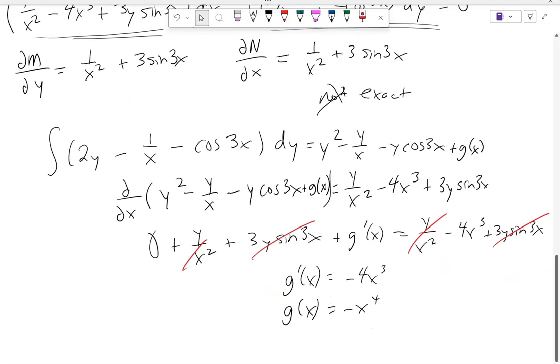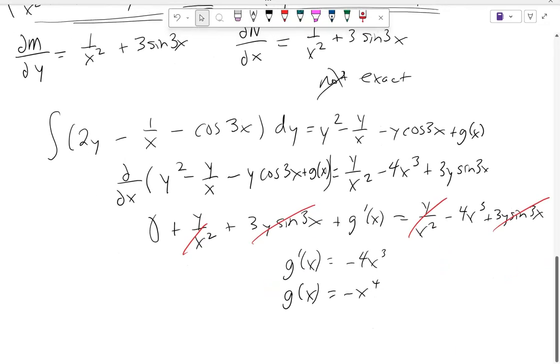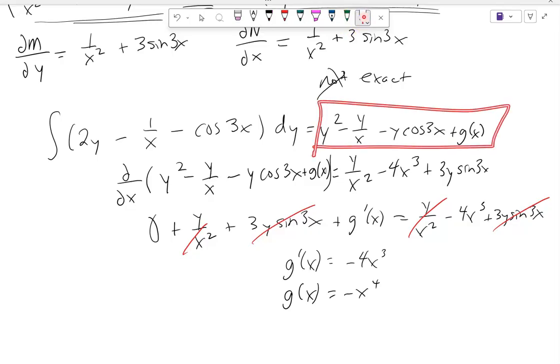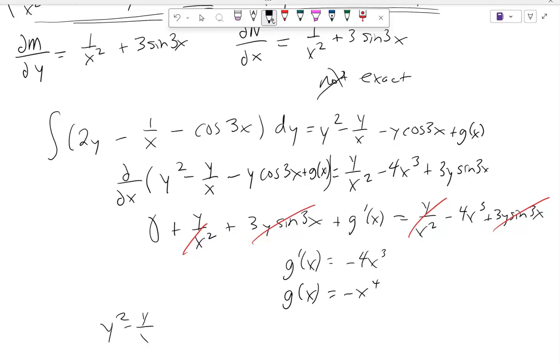So now we're just about ready to write our answer. Our function, remember again, this was our function that we came up with in the first step, right? Okay. So our function is y squared minus y over x minus y cosine 3x minus x to the fourth. And on the right-hand side, we'll have a c. That'll be our solution.